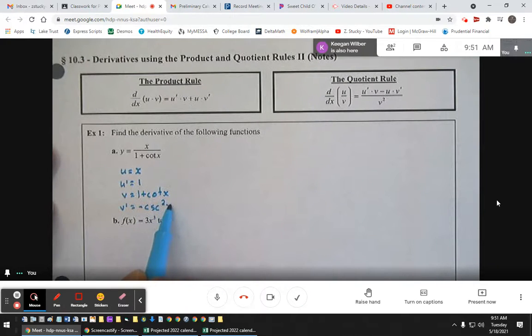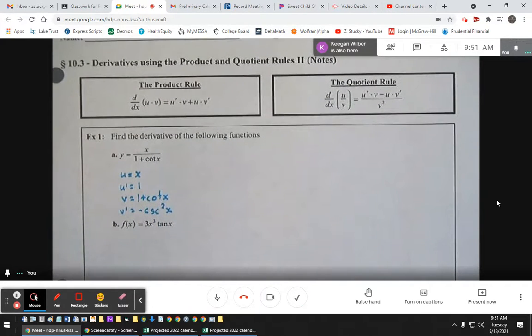Negative cosecant squared. What do you think? All right, now I can apply the quotient rule.